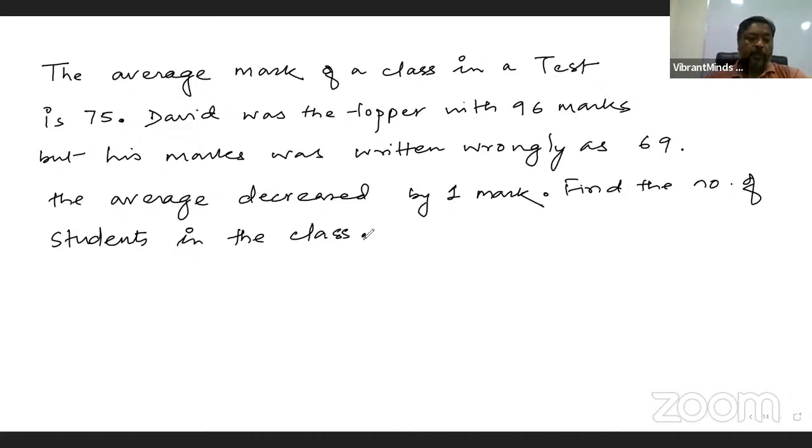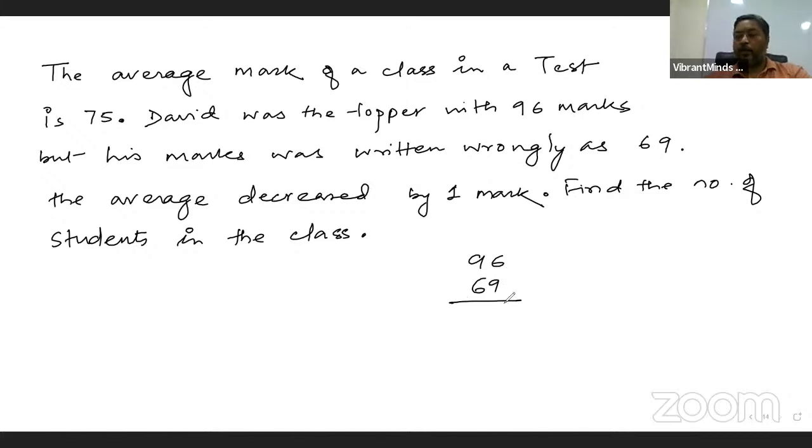Okay. Now understand. Before attempting this question, what I would like is you understand the concept first. So let me give you a concept. What is the mark difference which we have here? 96 was entered as 69.